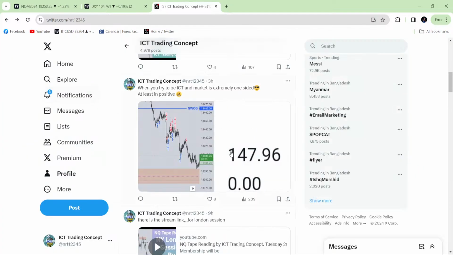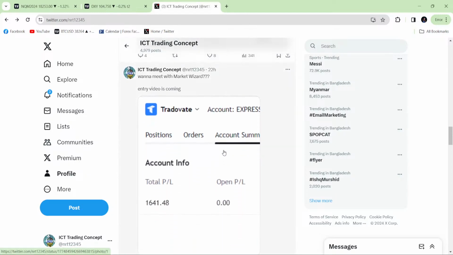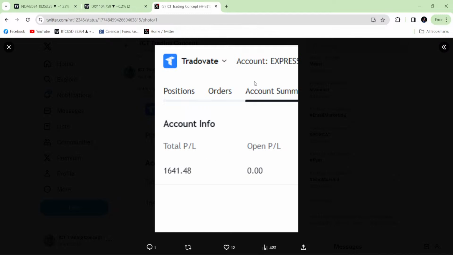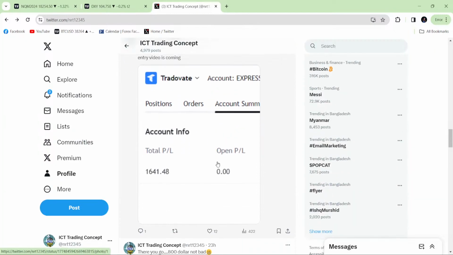Today is a bad day, so that is the loss. And here, that was from yesterday, Express account, $1,641. That was the profit from yesterday. If you keep going lower, you will see the profit and loss or whatever. I just put it on my Twitter.